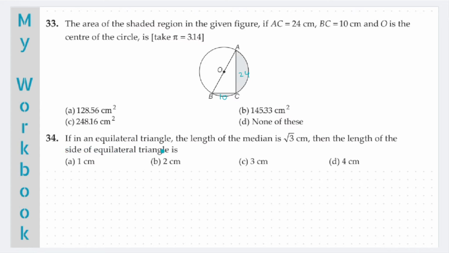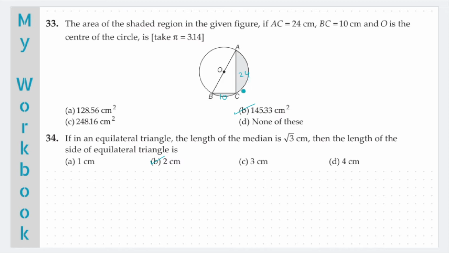If in an equilateral triangle the length of the median is root 3 centimeter, then the length of the side of the equilateral triangle is 1 centimeter, 2 centimeter, 3 centimeter or 4 centimeter. Answer for 33rd is option B, 145.33 centimeter square. And for 34, the answer is option B, 2 centimeter.